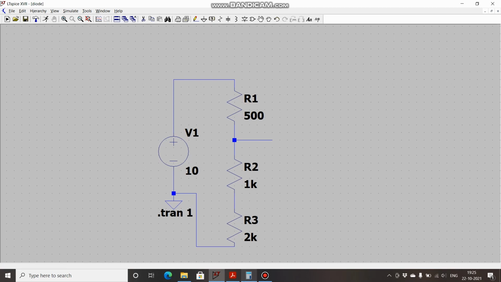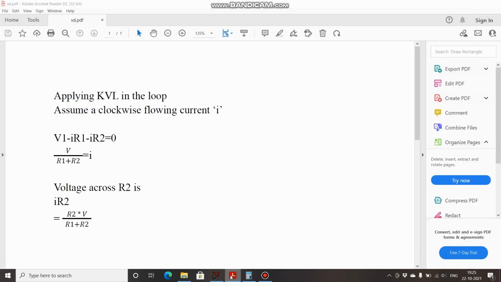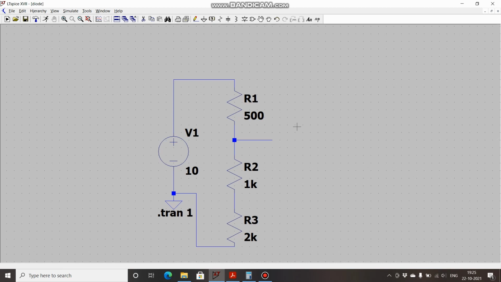Using this same logic, your output will be R2 plus R3 times VCC divided by R1 plus R2 plus R3. I will repeat it once again. If you have to find out the voltage across this point and this point, your output will be the sum of those two resistors below, R2 plus R3, times VCC, that is 10 volts, divided by the sum of all the resistances in the series network.